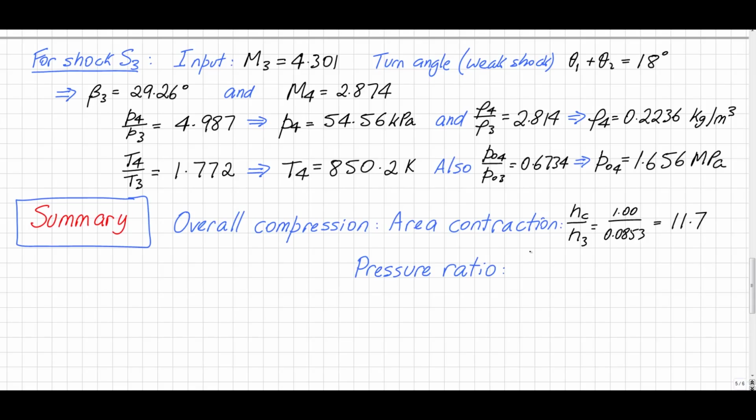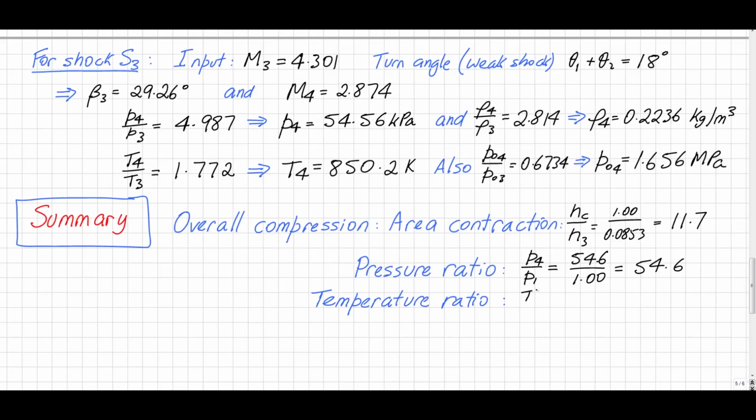Let's look at what our pressure ratio is. So we'll look at that in terms of the static pressure that we end up with, so P4 over the static pressure that we started with, P1. So we ended up with 54.6 kilopascals in the combustor, and we started off with 1 kilopascal upstream of the oncoming flow, so that gives us a pressure ratio of 54.6.